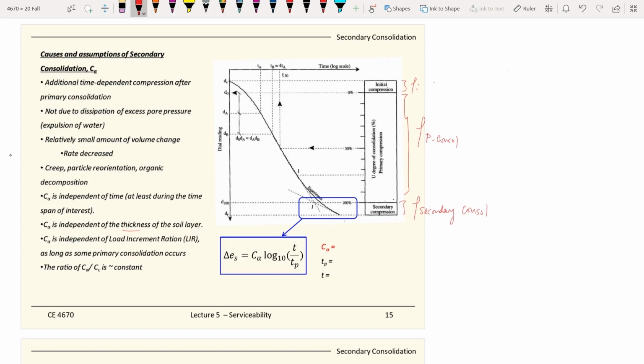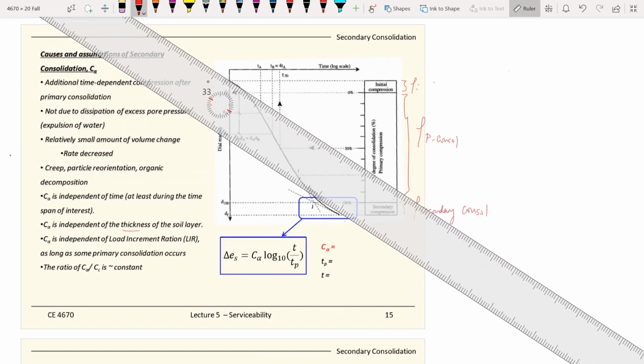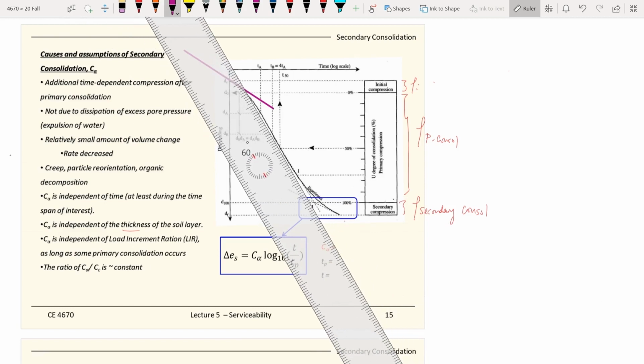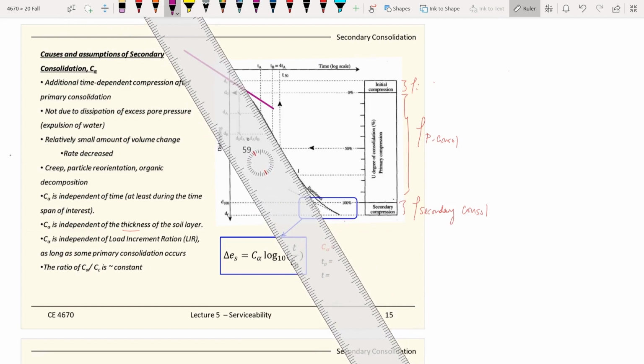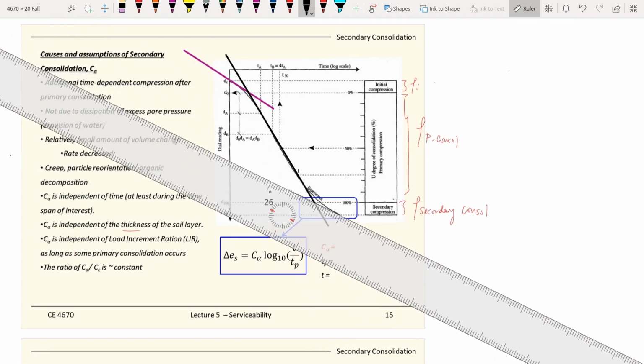Actually, this settlement curve here will tell us three different sections by different slope. The immediate settlements give you the first slope, then the primary consolidations give you the second slope, and finally the secondary consolidation part gives you the final slope.